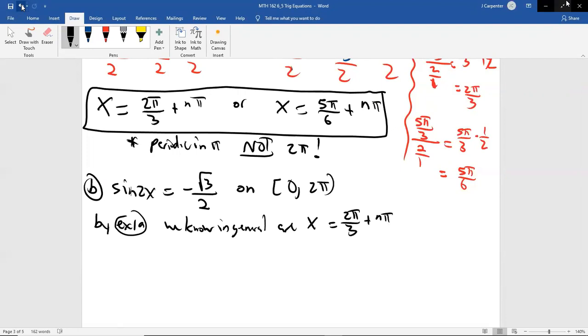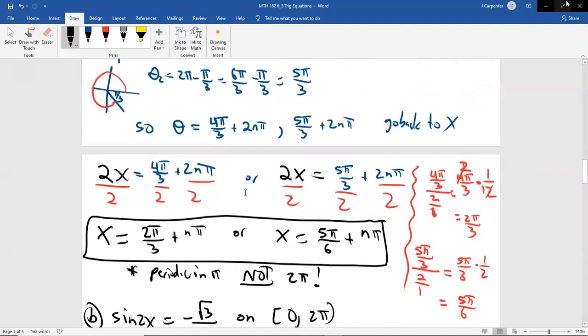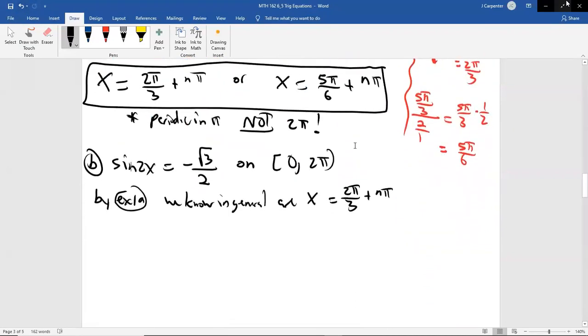Again, if you had put the 2n pi in there for the x part and not the theta part, that would have been your mistake. You would still have this part and this part right, but you wouldn't have divided the 2 out, so you would have missed it over here and here. And that is a massive mistake because you'd only have half of the solutions.